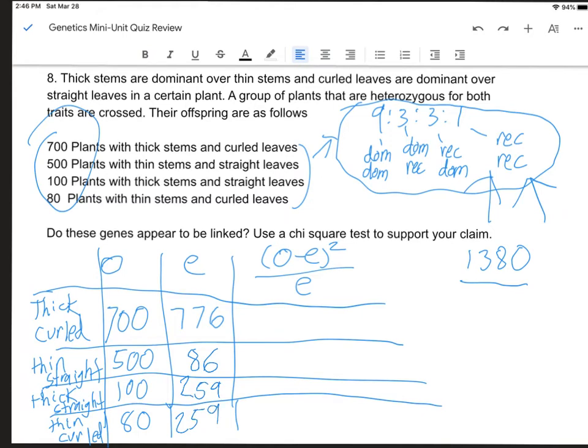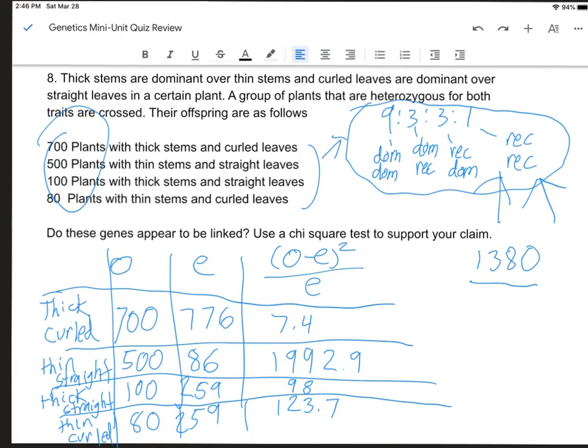Okay, so I'm going to go ahead and do the math for the last column, and then I'll just put that back up. Okay, so when we add all of our values in the table together, we end up with a chi-square value of, it's all 2's. And you might have gotten a slightly different value if you rounded differently. Now we have 3 degrees of freedom since we have 4 categories, which means the critical value is 7.81.